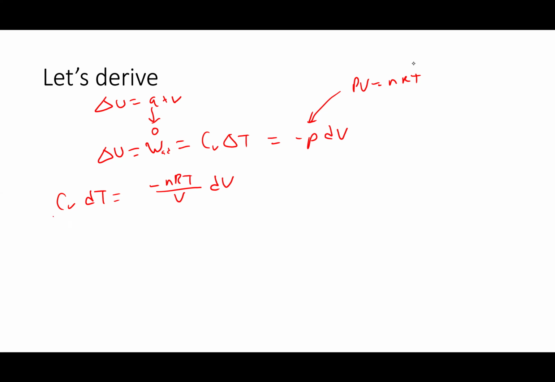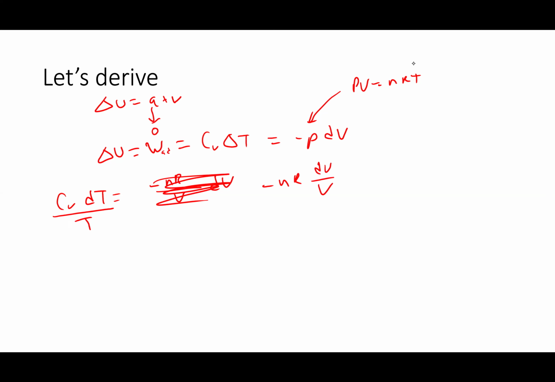So we'll move T over here and divide by T. If we rearrange it a little bit, what do we have on the right-hand side? We have negative nR times dV over V.